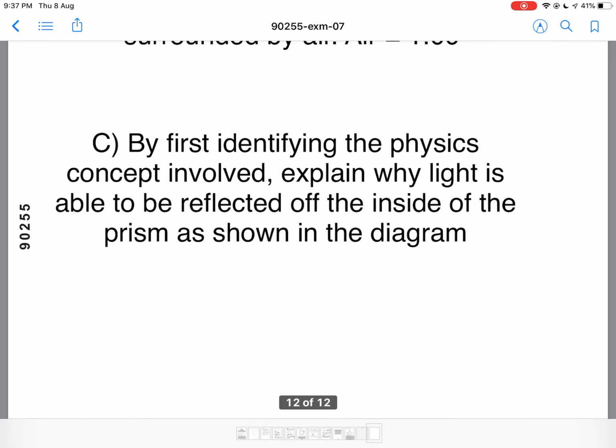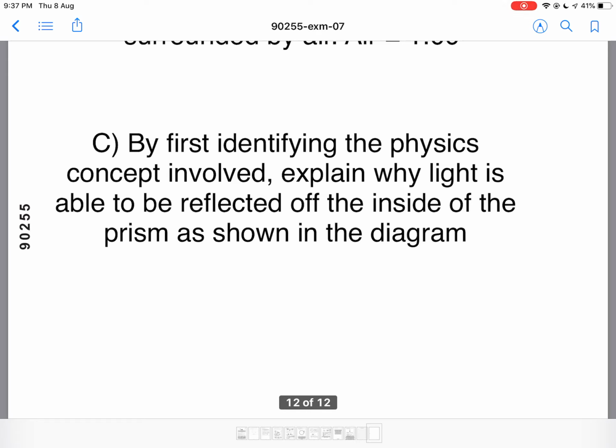So the three main points you have to consider here are very important. Always in the exam, remember these three points. Number 1, identify what the physics concept is: that's total internal reflection. Number 2, state what conditions are required for this to happen.